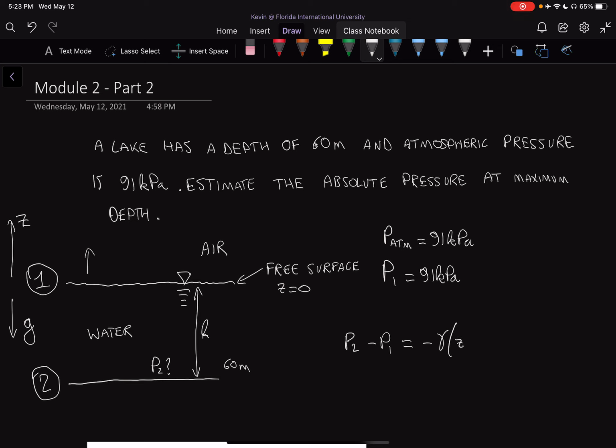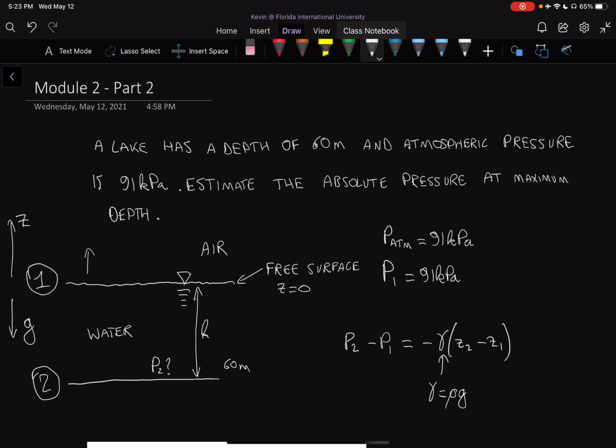And it's going to be z2 minus z1. So that's the equation, okay? And remember that in our equation, this gamma is equal to rho g. And this is going to become important because we're going to look at two different ways of evaluating these equations, essentially. Two different ways of figuring out how to evaluate for a specific weight.